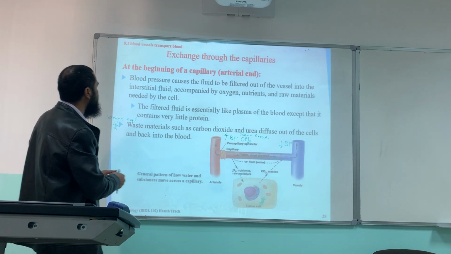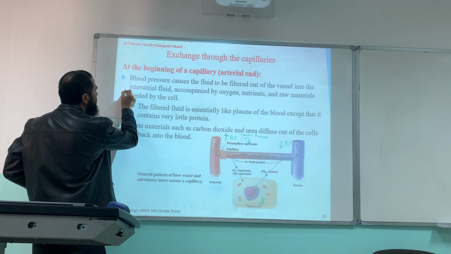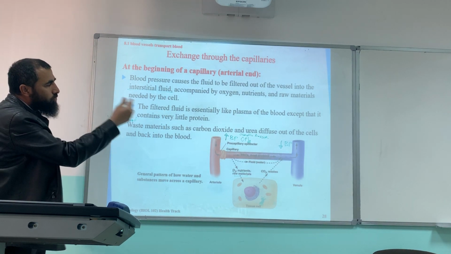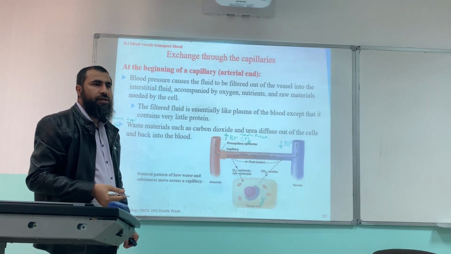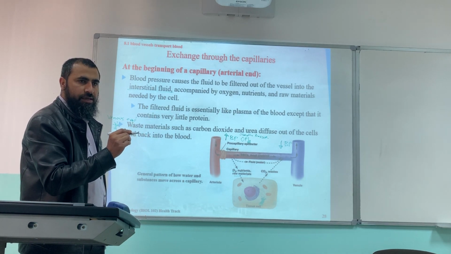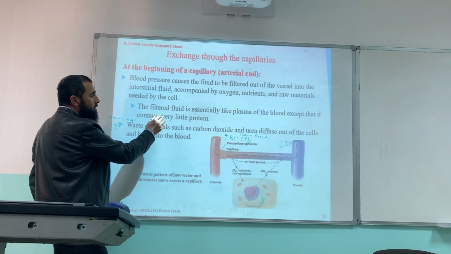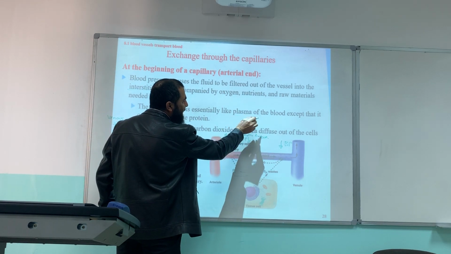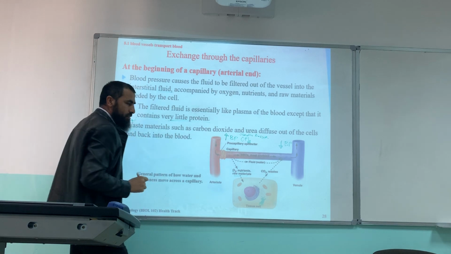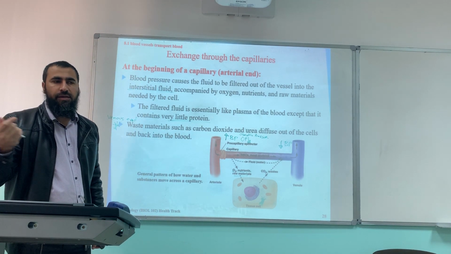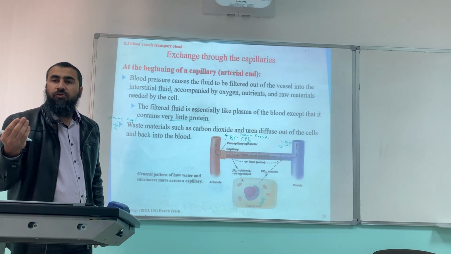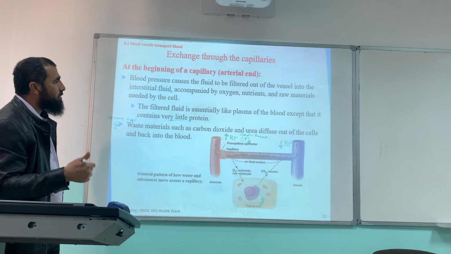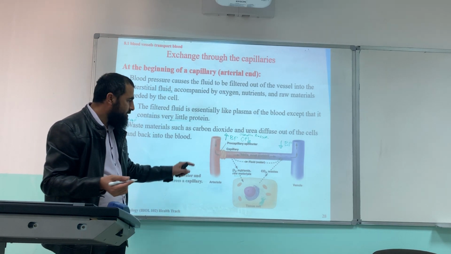So these materials, oxygen and nutrients, move with it, except for the plasma proteins like albumin, the globulins, and red blood cells. They do not leave the capillaries. They stay within the capillaries.